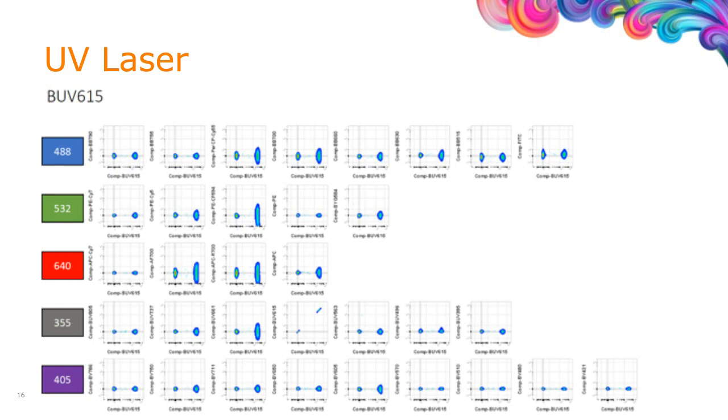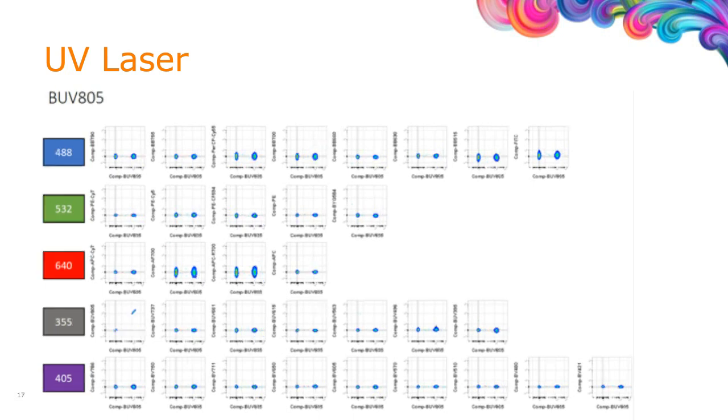As we move to the end of the laser line, the BUV805, everything looks good again. So it's like a Gaussian curve across that laser line. In the shorter wavelengths, it looks pretty clear. In the longer wavelengths, it looks really good too.